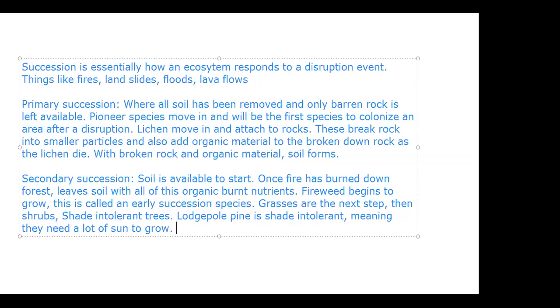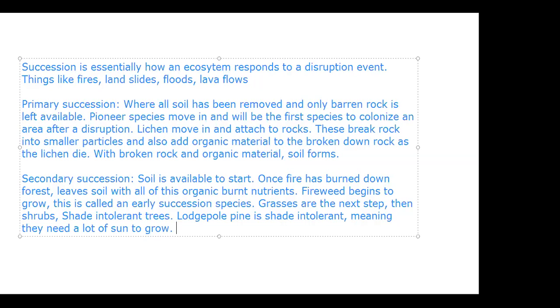But lodgepole pines come up relatively quickly. And a lot of forests around us, they're mainly dominated by lodgepole pines. You can have lodgepole pine forests, that is fine. Sometimes that's as far as you make it. Lodgepole pine is also serotinous, which means that it is fire released. The cones on a lodgepole pine, which holds the seeds, don't even open up until they get fire released.